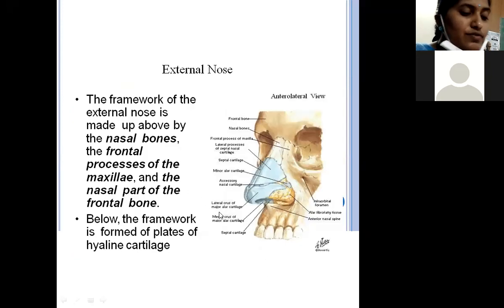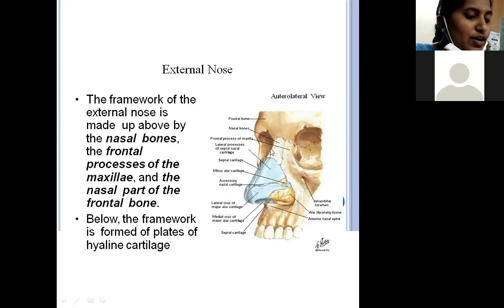If you see the external nose, its framework above is made up of the nasal bones, which we already discussed in norma frontalis, along with the frontal process of the maxilla and the nasal part of the frontal bone.